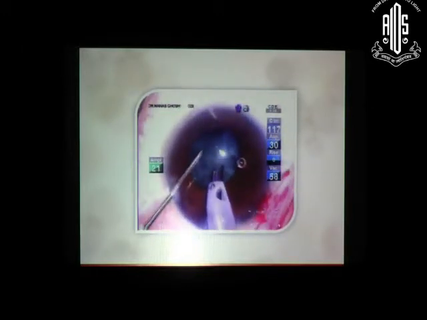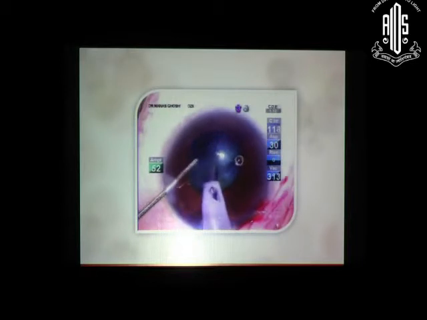But I managed to chop all around. Then I am removing the fragments. Though it's a very soft cataract, usually myopic cases are associated with soft cataract. They present very early. That's a plus point.